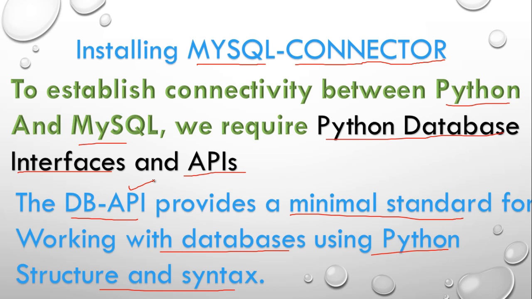Like the math module contains various mathematical functions which we can use in our program for mathematical calculations, similarly the DB API also provides a lot of functions that we can use in our program to interact with the database.